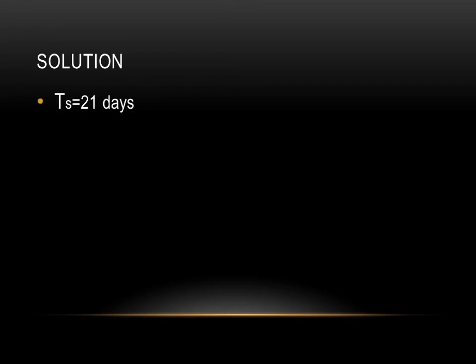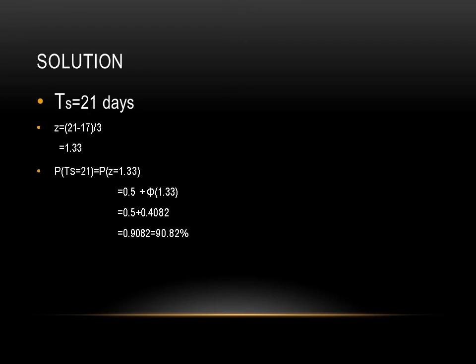I will show you if TS is 21 days. If the expected date of completion is 17 days, but we want to complete it in 21 days, after 4 days, then Z will be due date, that is 21 days, minus expected, 17, divided by 3. Z is equal to 1.33. So similarly, P(TS) equal to 21. At 21, Z was 1.33.